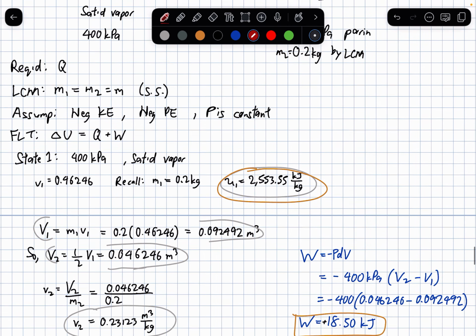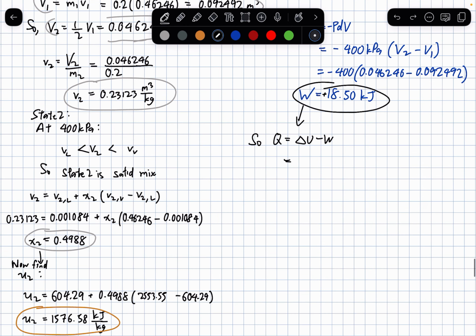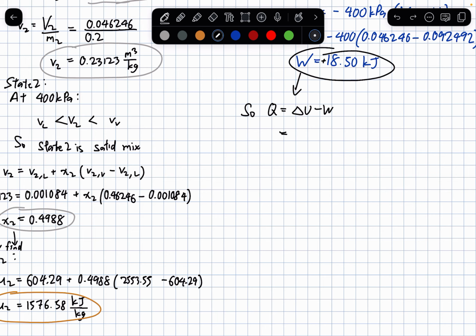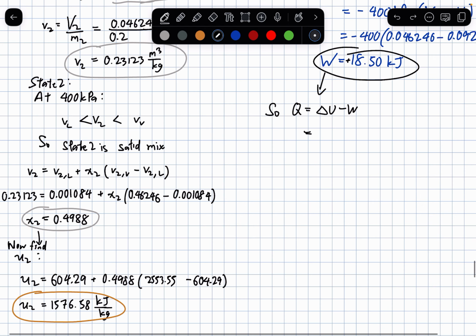But that's not what we're looking for, no? That's not the final answer. So Q is equal to delta U minus W. From here, no? The energy balance. Wait.